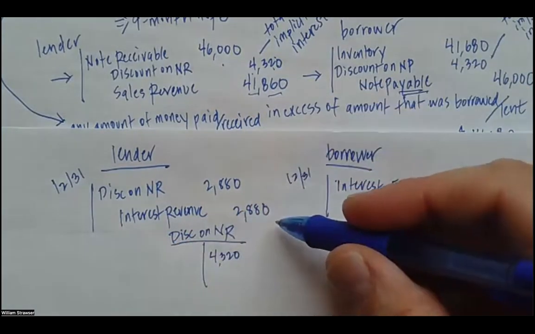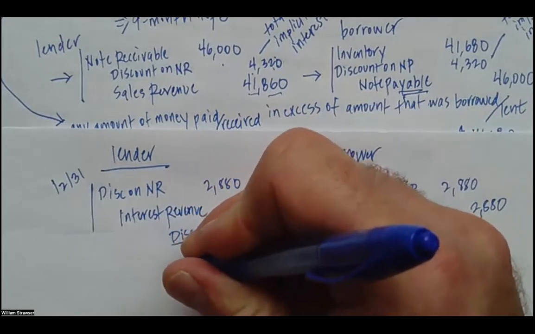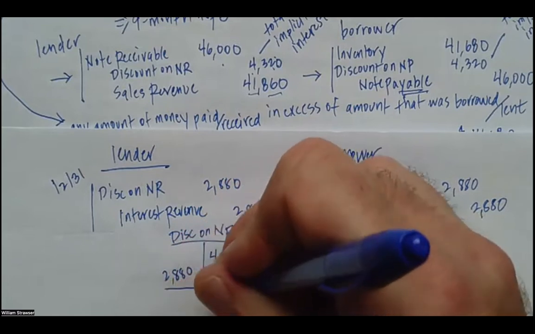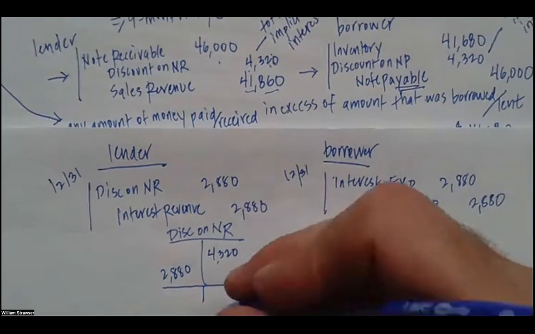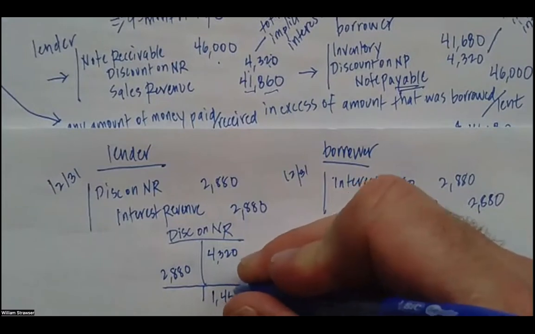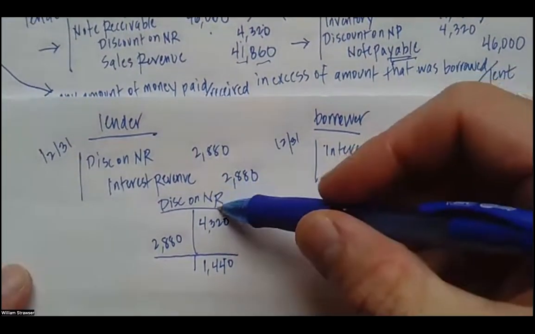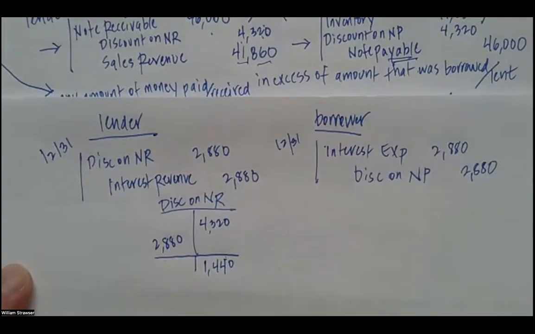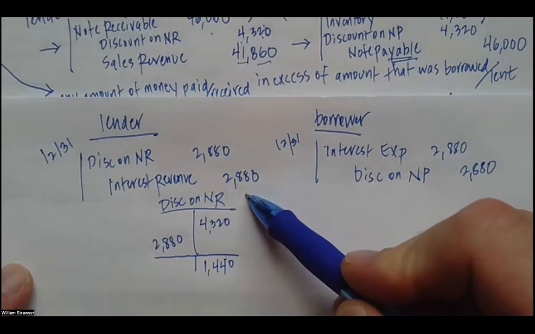But then at the end of the year, we debited that amount and reduced it. 4,320 minus 2,880 gives me 1,440 remaining. So we're reducing the amount of the discount as we record interest revenue.